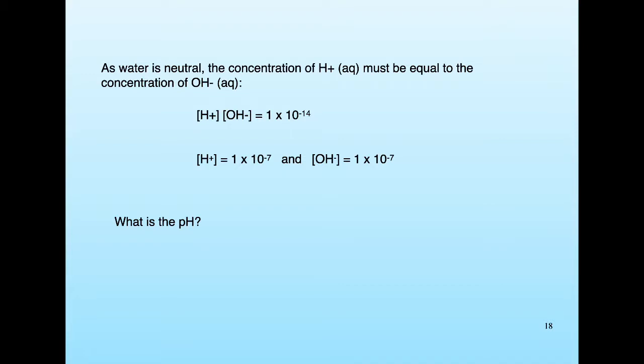You can stop me if you want. And obviously the pH is minus log to the base 10 of the hydrogen ion concentration. In this case, plug the numbers in, and what a surprise, the pH is 7. All seems to make sense, doesn't it? All fits together.